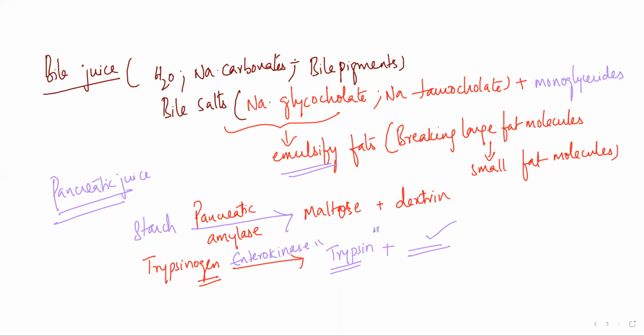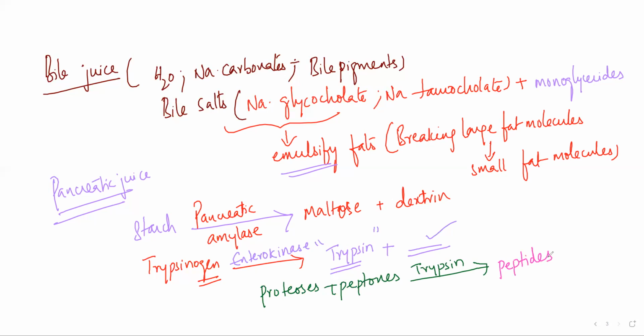Just consider that the active form is trypsin. Remember that this trypsin is going to act on your proteoses and peptones. A while back we saw that proteoses and peptones were produced by the pepsin acting on the proteins. Right now the trypsin is going to act on those proteoses and peptones, and convert them into peptides now.